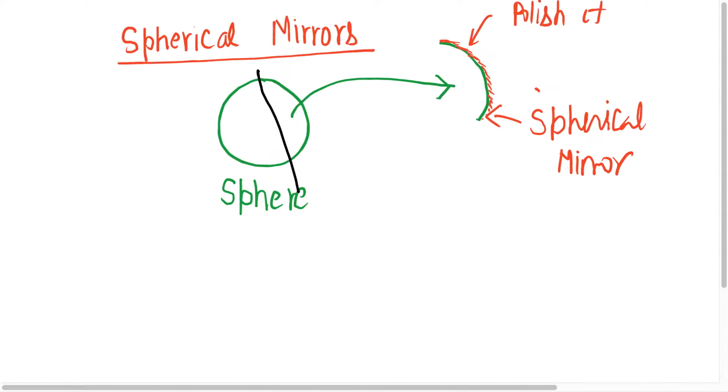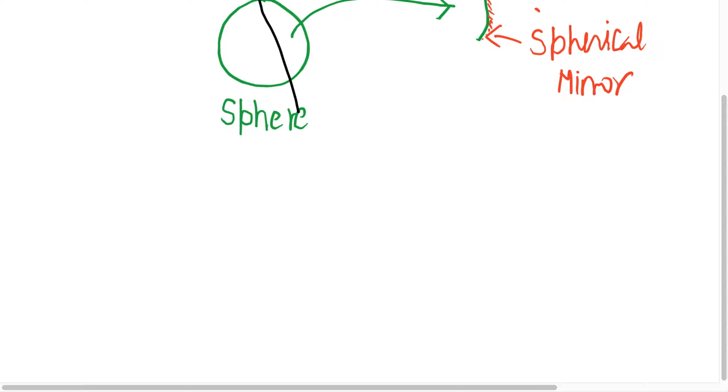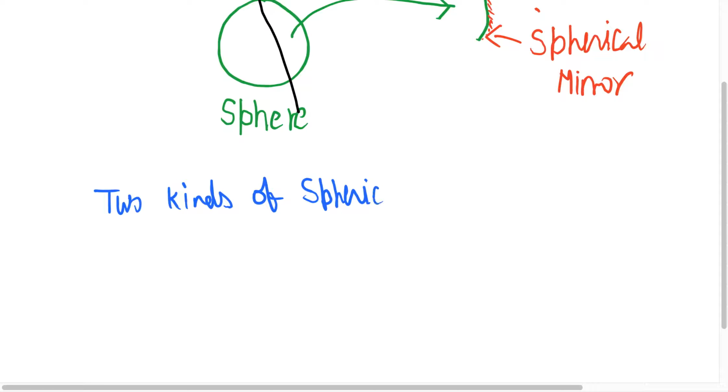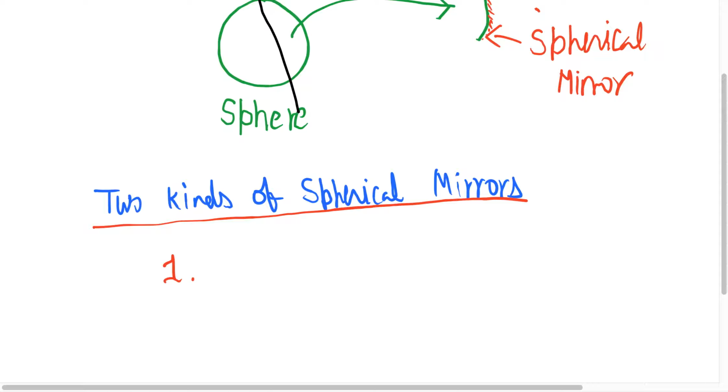Okay. So now there can be two kinds of spherical mirrors. One, two.